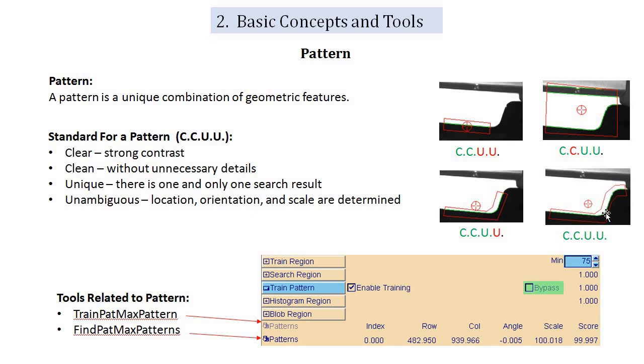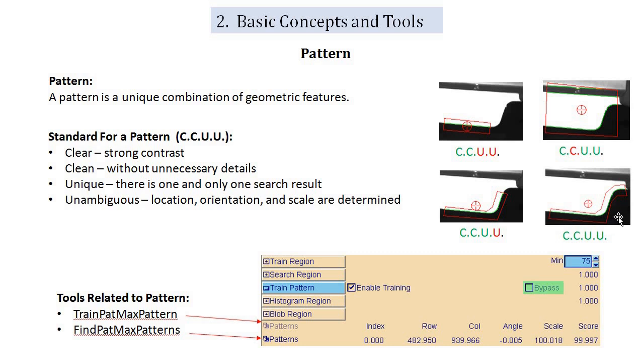Well, this one, it is clear, clean, unique, and unambiguous. So that's the best among the four. But you may ask a question why it is unambiguous. It's because it has the location, orientation, and the scale all determined after this pattern.